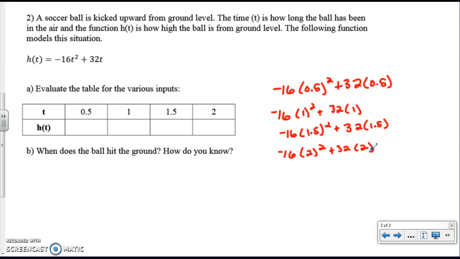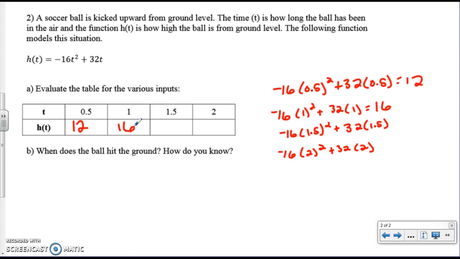For the first one, I believe we should get 12. Okay, for the second one, we should get 16.